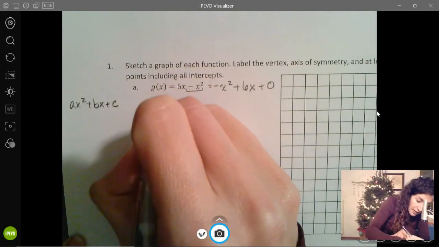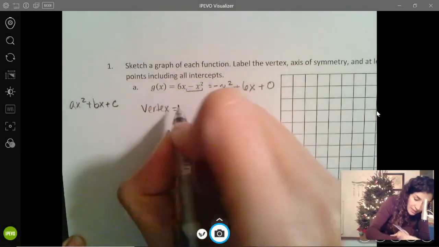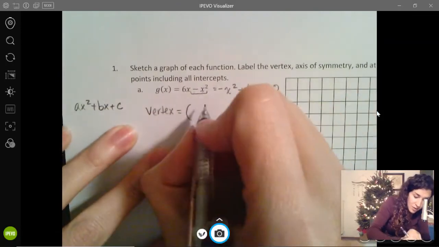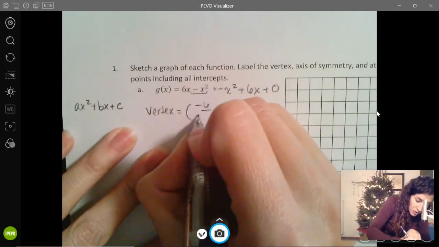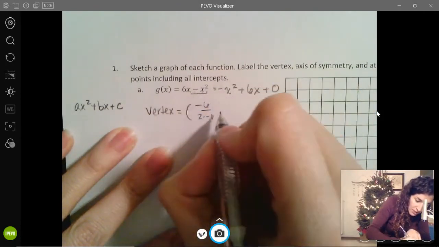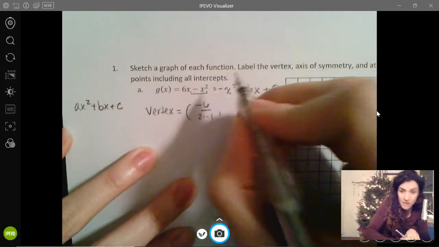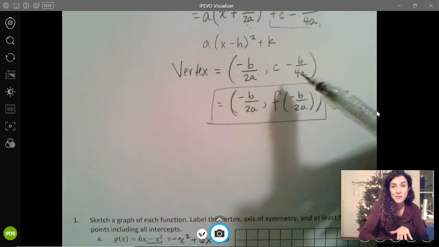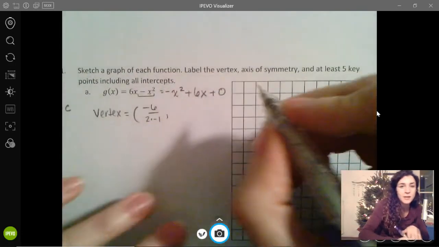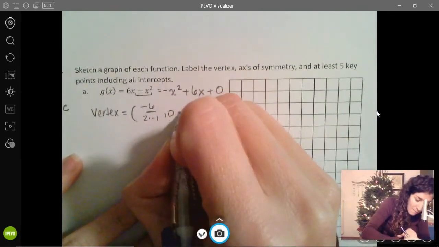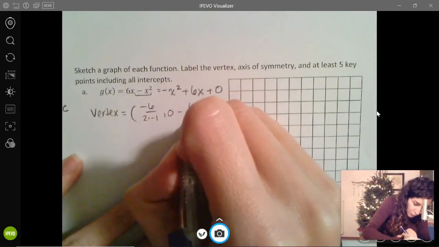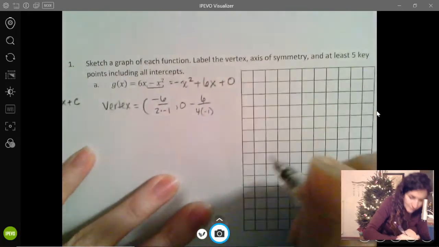So your vertex is negative b over 2a, so -6 over 2 times -1, and then f of that value. We could even do the c minus b over 4a and then double check, which would be kind of cool. So we could do 0 minus 6 over 4 times negative 1.